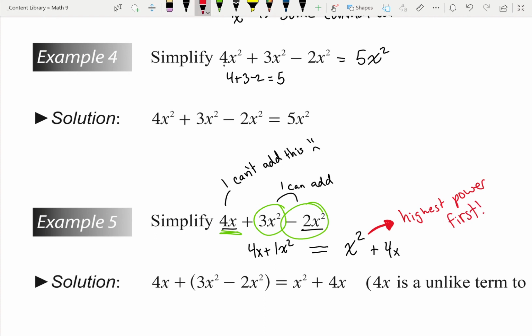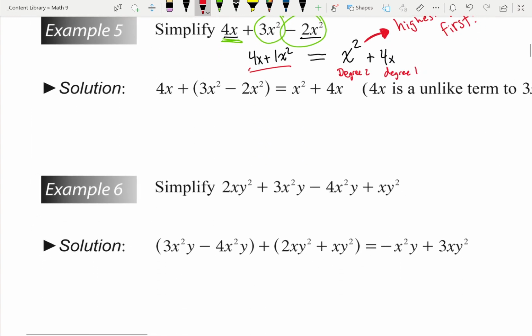So one of the things you'll notice is that I didn't write it as 4x plus x squared. I flipped it around so that I put the highest degree term first, because this has a degree of 2 and this has a degree of 1. So one of the things about simplifying is that you rearrange it in order.